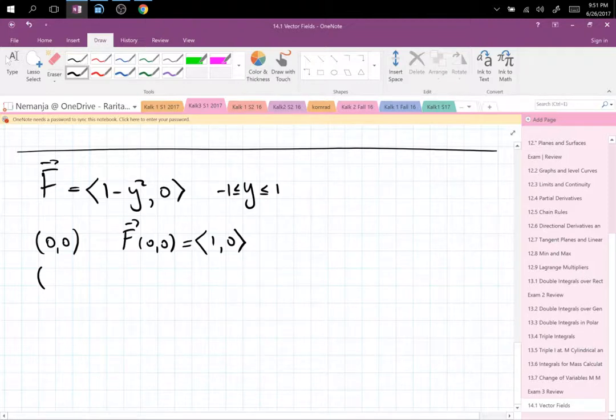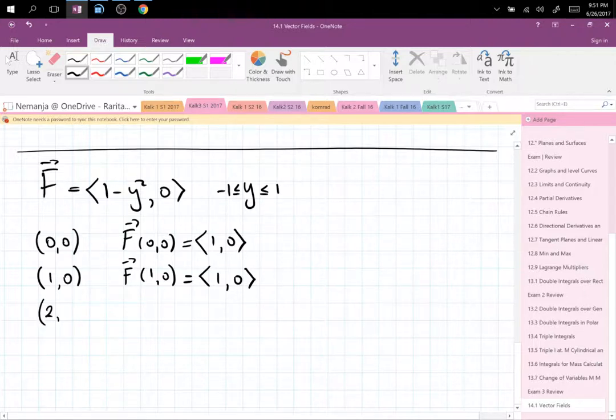What's going to happen at 1, 0? Well, I don't really have this x anywhere to plug in. So at 1, 0, this is still 1, 0, because the y is the one that's important.